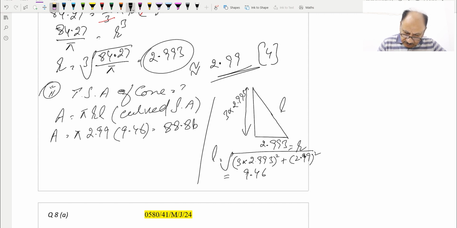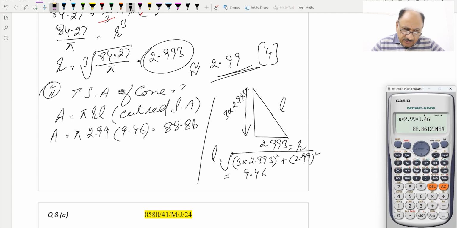If we check the calculator, pi into 2.99 into 9.46, yes, correct, 88.86.